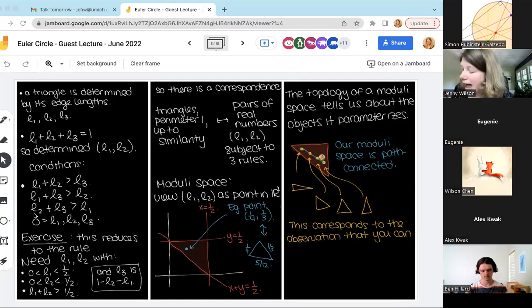is telling me how I can continually deform this triangle into this triangle through a family of triangles of perimeter 1.